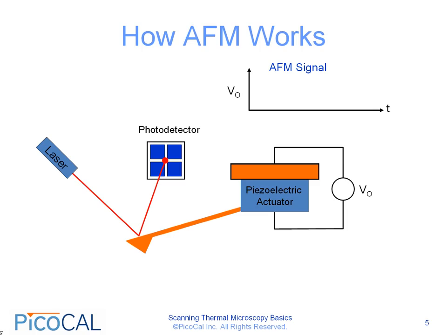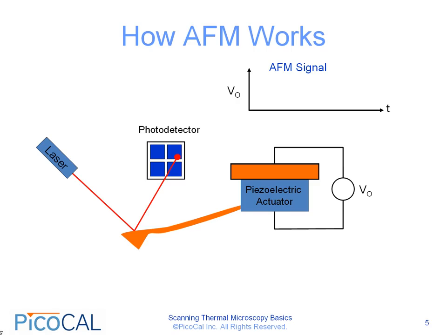Now, if the cantilever is deflected by the sample, this is going to cause the laser beam to be reflected onto a different portion of the photodetector. What this means is it allows us to measure deflection of the cantilever very, very sensitively. In fact, it can do so on the order of angstroms or nanometers.